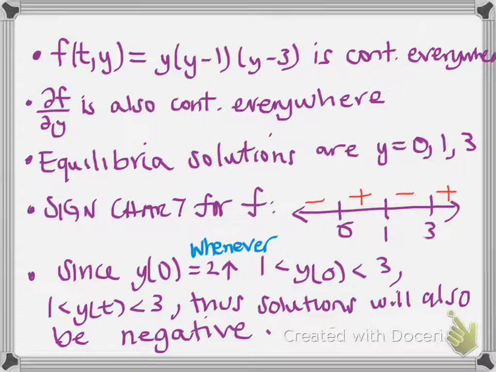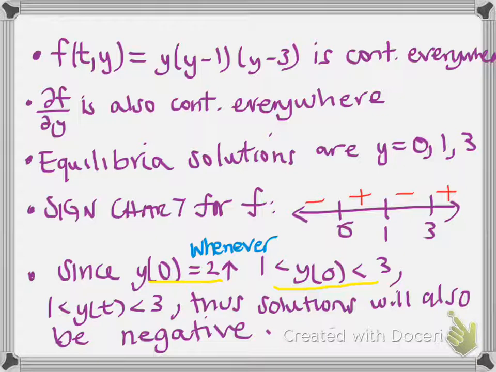So the sign chart for f is here, and since y of 0, our initial condition, equals 2, well, we know that means y of 0 is between 1 and 3, okay?